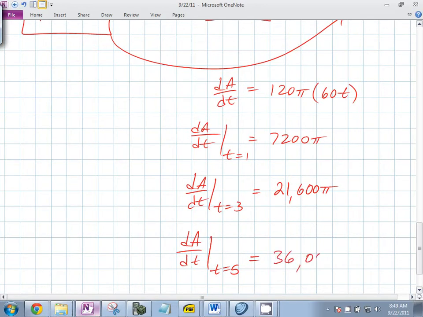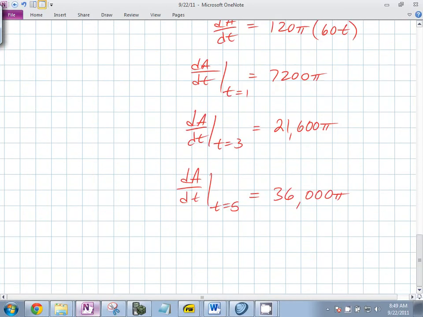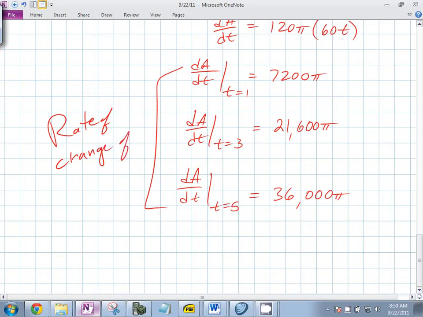36,000 pi, like that. So it says, what can you conclude? This is the rate of change of the area. The rate of change of the area keeps growing, increasing at a linear rate. Why does that make logical sense? The radius is increasing at a constant amount, but the rate of change of the area is increasing faster.